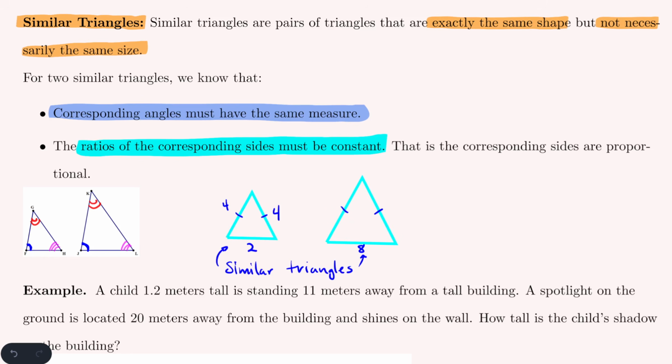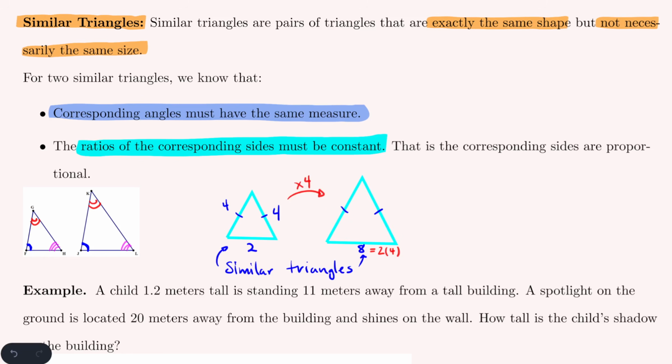We know that the shorter side length in our isosceles triangle here is 2, and then we can compare that to the corresponding location in the larger triangle. What was side length 2 in the smaller triangle is now side length 8 in the bigger triangle. What did we have to multiply 2 by to get 8? We multiplied 2 by 4 in order to get 8.